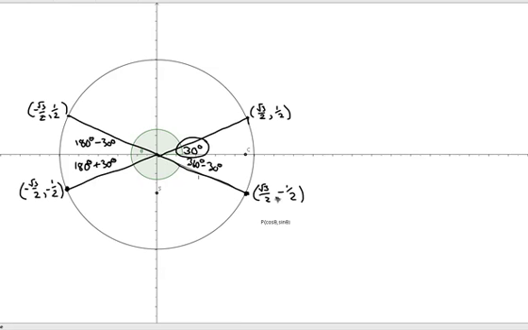But crucially, 180 minus, 180 plus, 360 minus, if you like, are doors that open the angles of the second, third and fourth quadrants using the first quadrant angle. If this was theta degrees, this would be 180 minus theta.